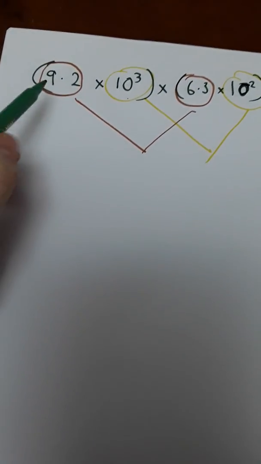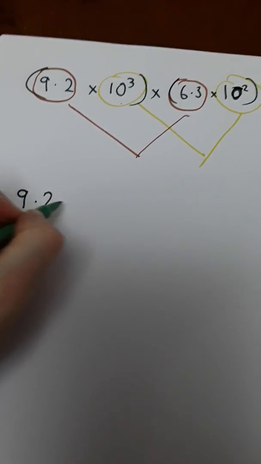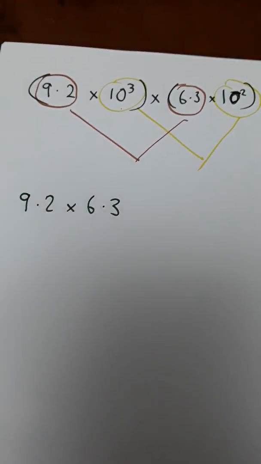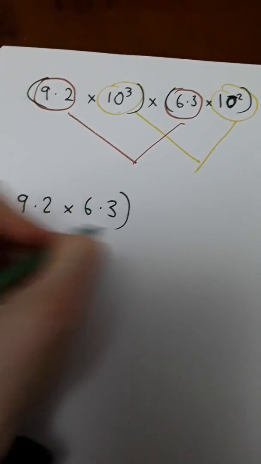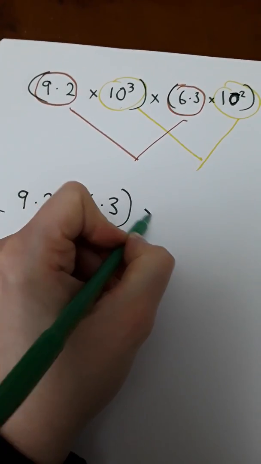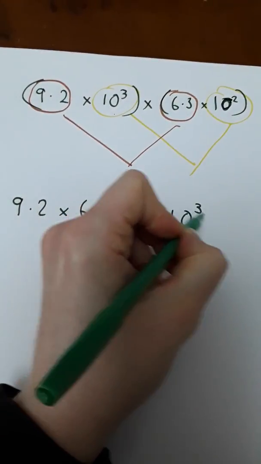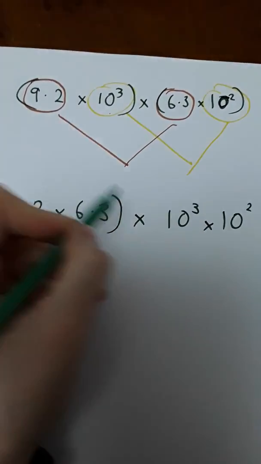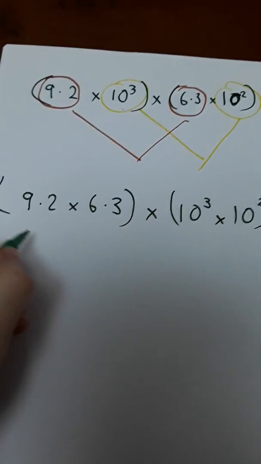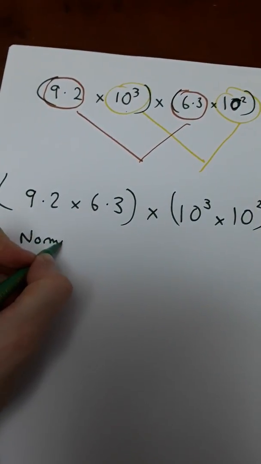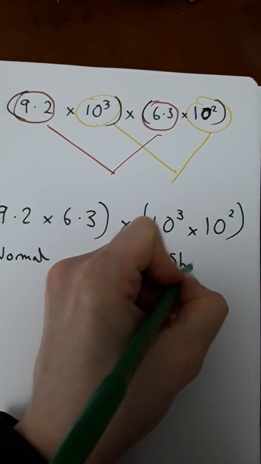So the numbers you treat normally, essentially here what we have is 9.2 times 6.3. And then once you've worked that out, multiply that by 10 to the power of 3 times 10 to the power of 2. Now you do this normally, and this is a shortcut.